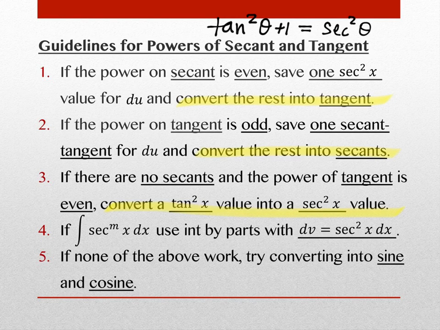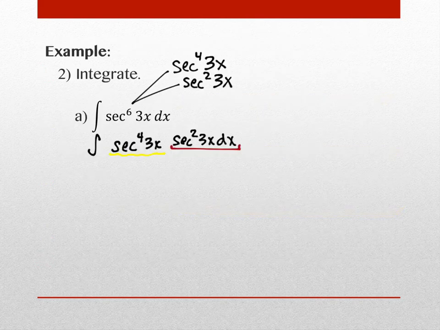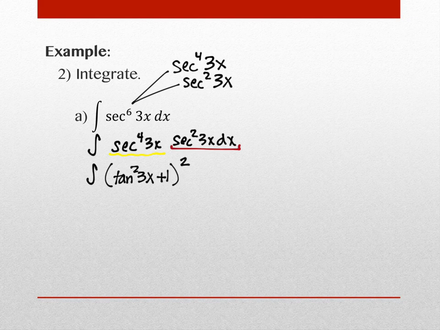Notice you can't just decide that you're going to replace secant to the fourth with tangent to the fourth plus 1. That's not a thing, right? You can't just swap out the 2's and the 4's. It looks a lot like our previous problem, where we said this is secant squared squared. So secant squared is tangent squared of my angle, which happens to be 3x, plus 1, and then that has to be squared.